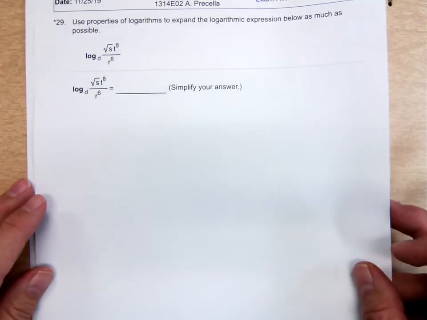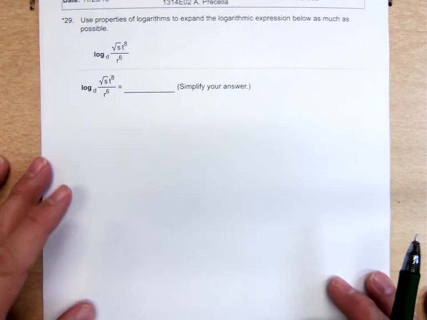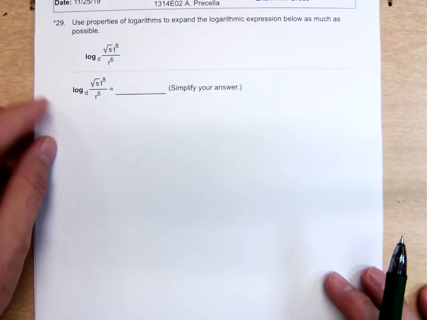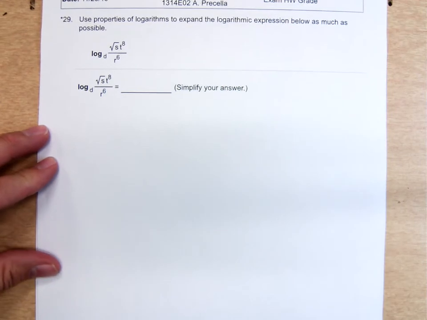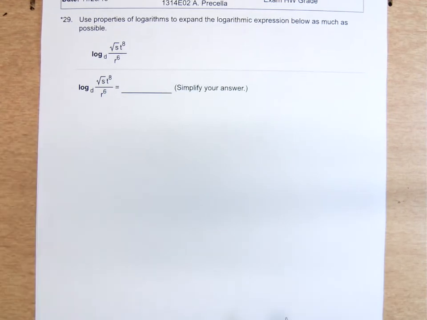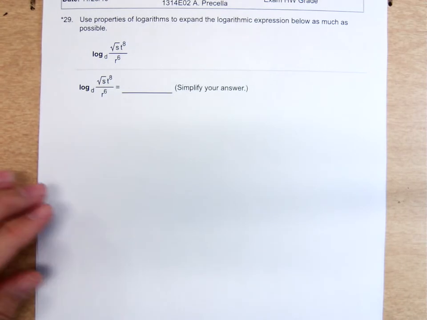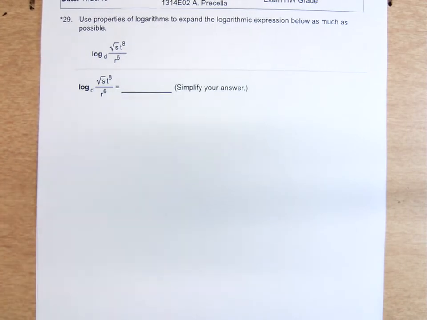Okay? Now 29, we're up to expanding logarithms. It says use the properties of logarithms to expand them. And this is some of that stuff. It's going to take longer to type in your answer than to do the problem. Okay?